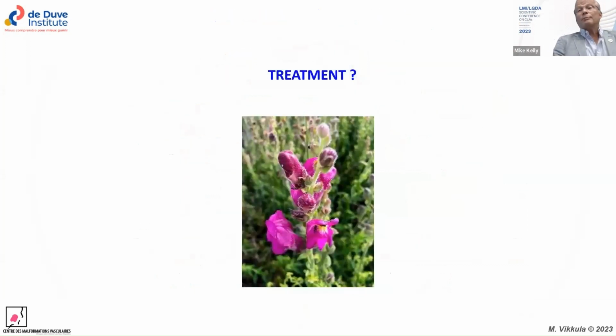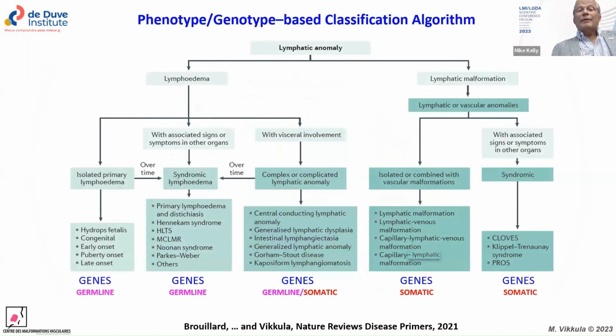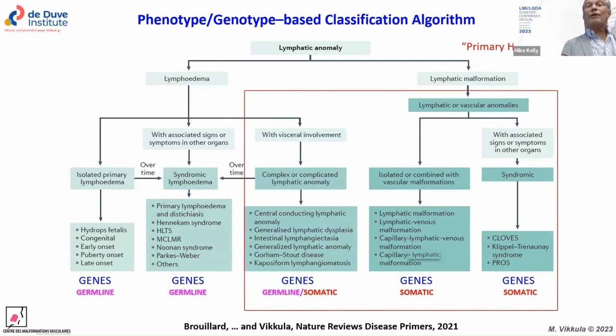And so for treatment, just to finish, I don't think I have a lot of time left. If we come back to this picture, what is, of course, interesting is that on the right side, most of the mutations that we know, the mosaic somatic mutations, kind of cause a hyperplasia in the vascular system of the lymphatic system.